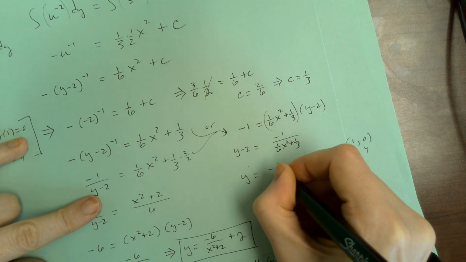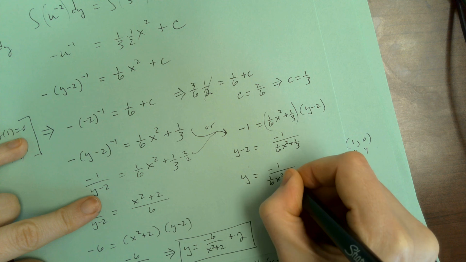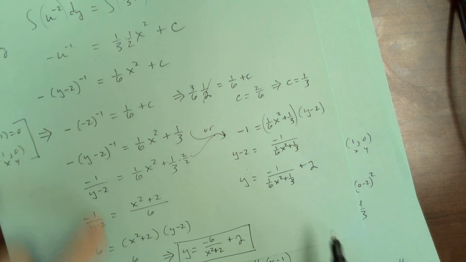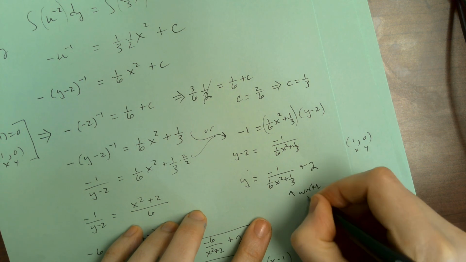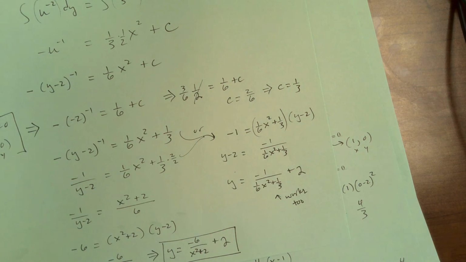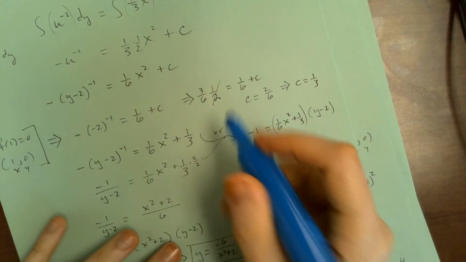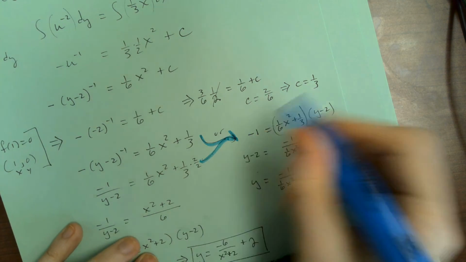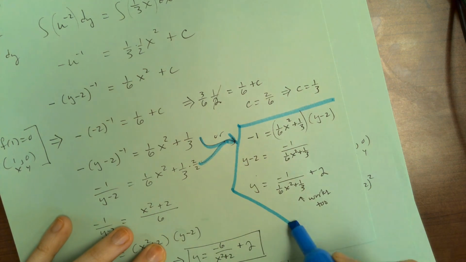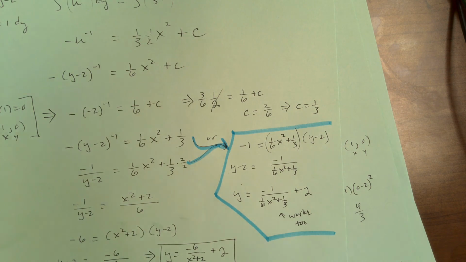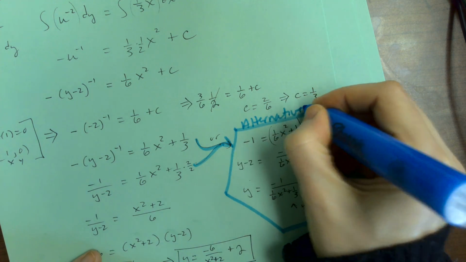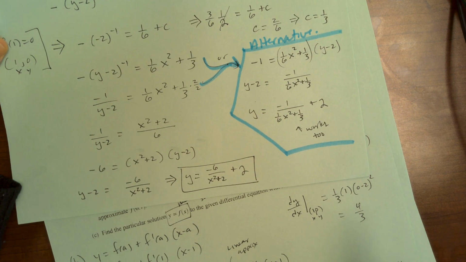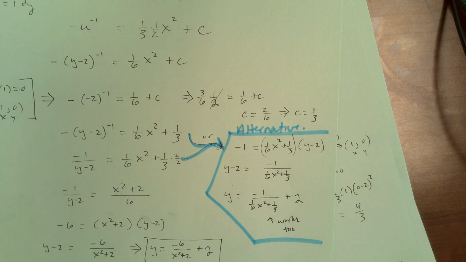So y is negative 1 over (1/6 x² plus a third) plus 2. This is a messier version. It works too. As long as y is solved for, it doesn't matter how simplified the final answer is. All right, so I'll just say here alternative. If that speaks to you more, that's up to you to use. Okay. Yeah, so that's it.